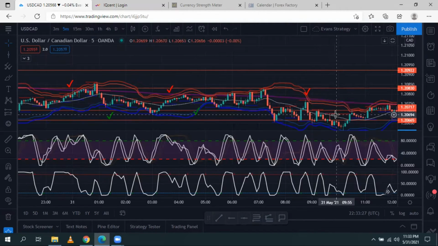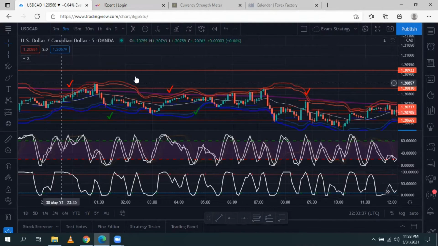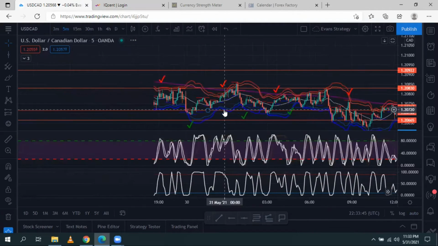If you don't have the markup, you can use the scaling in to get into the market. But at times, scaling in itself will deceive you. It will tell you it's ready, then you see the market going against you. But with the markup, it reduces your chances of losing your trade a lot more.